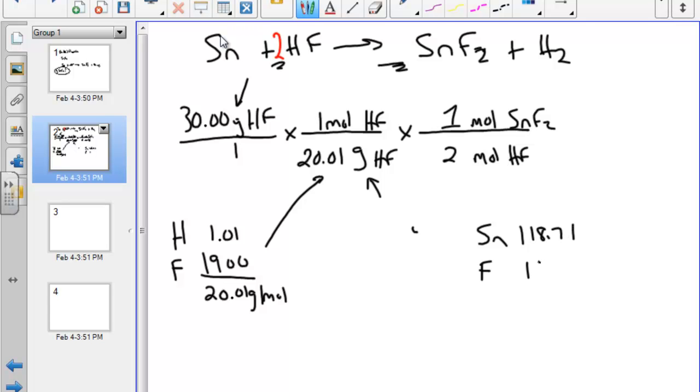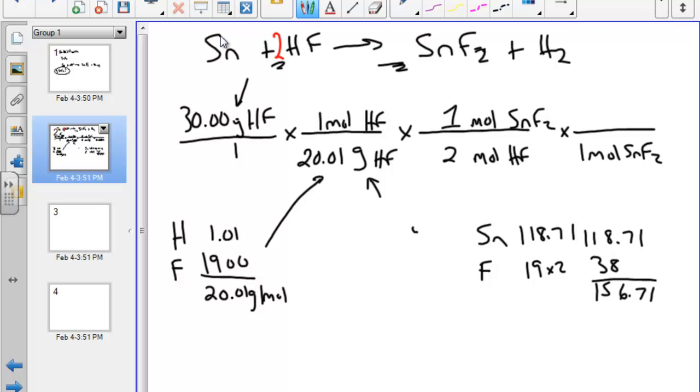F is 19 times 2, so that's 38. 118.71 plus 38 is 156.71. So 1 mole SnF2, so that way moles would cancel, and 156.71 grams SnF2.